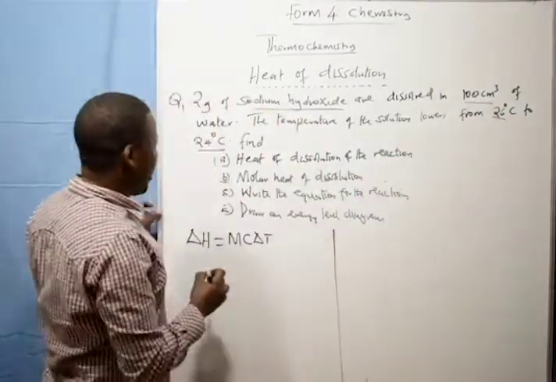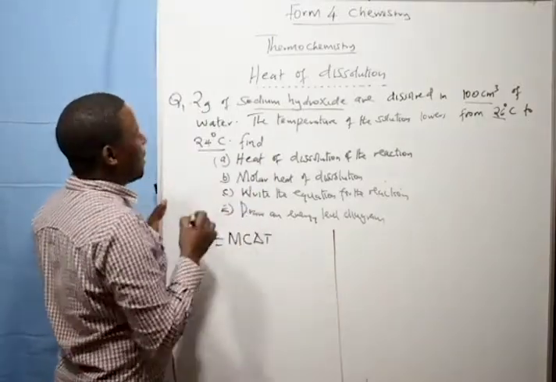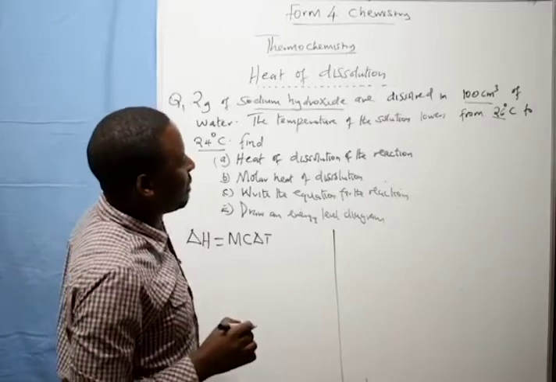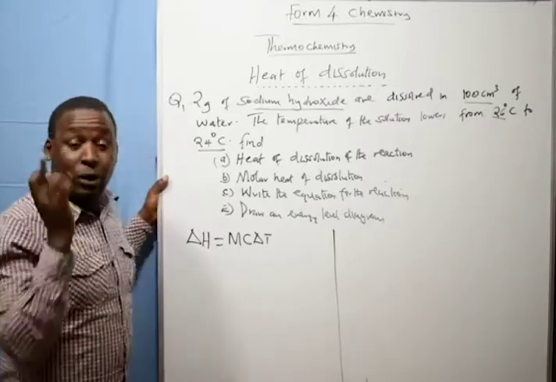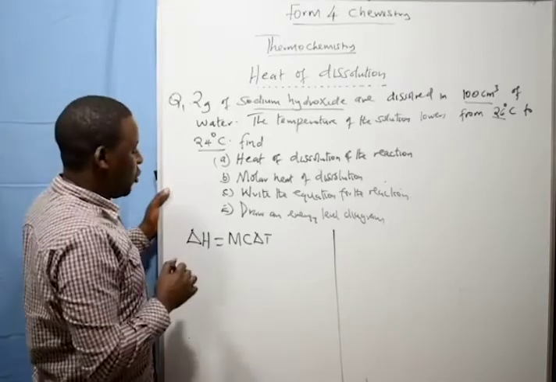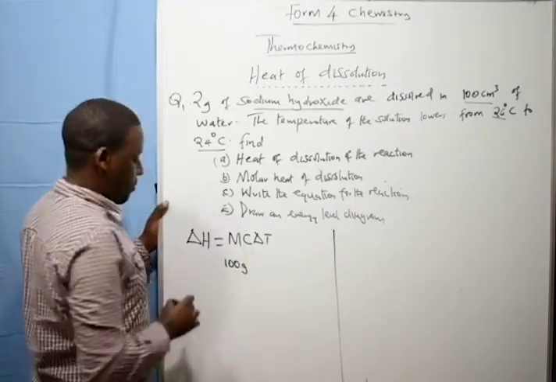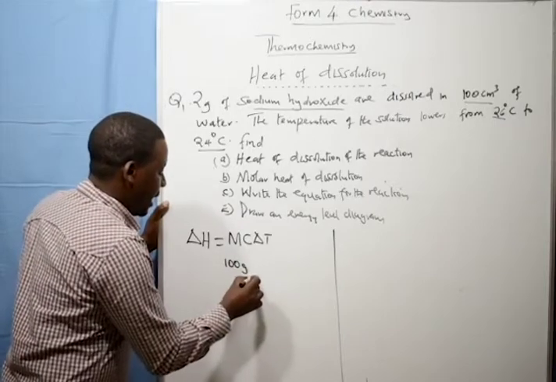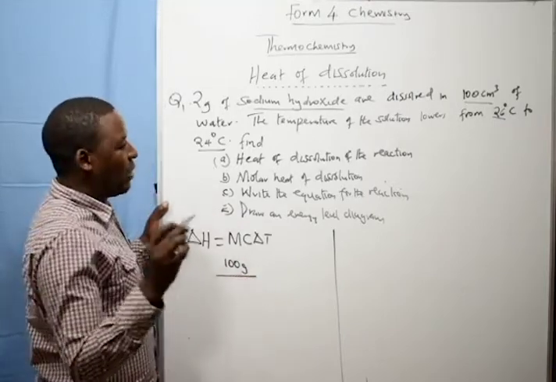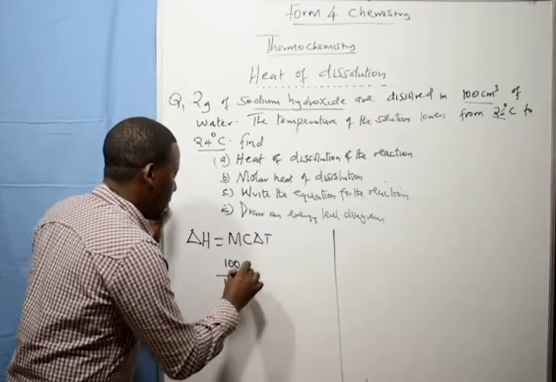So 100 cubic centimeters, the density is 1 gram per cubic centimeter. That is the density of water, 1 gram per cubic centimeter. Therefore, the mass of 100 cubic centimeters is 100 grams. Then, our capacity is in kilograms, so we divide that to make them kilograms.